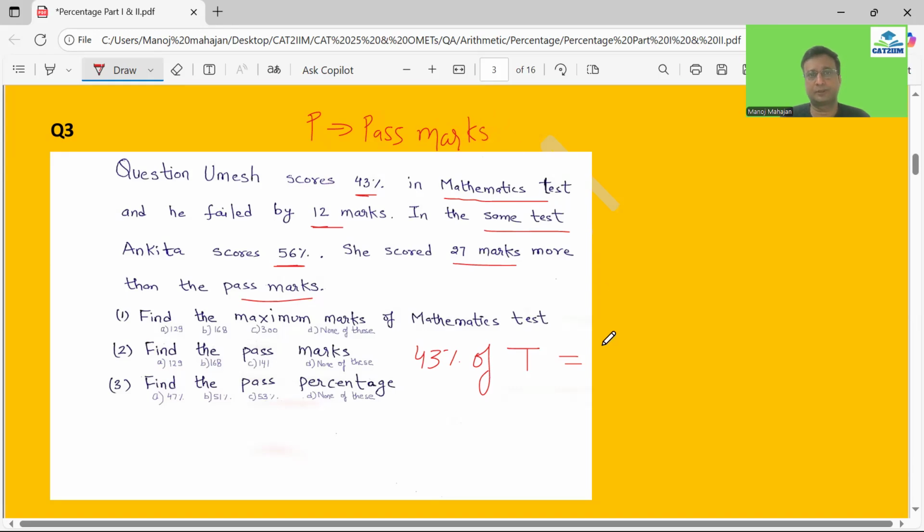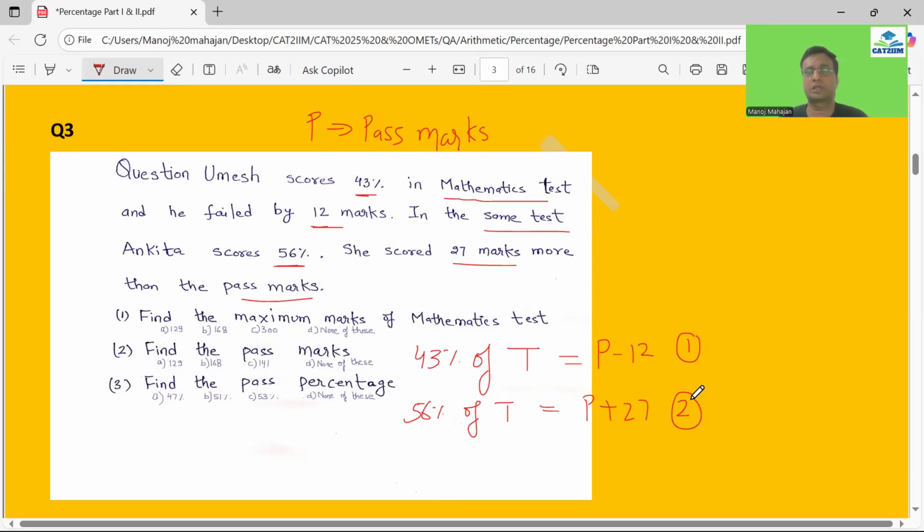So if I look over here, can I write this as P minus 12, equation number 1? And the next equation you can form as 56% of, again T, but this time it will be P plus 27.